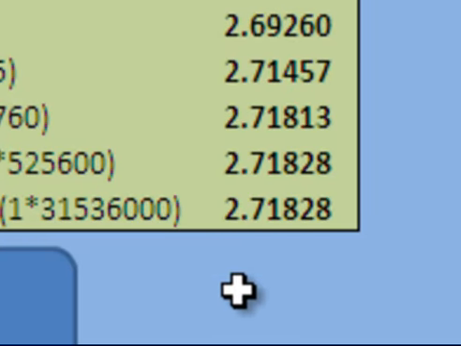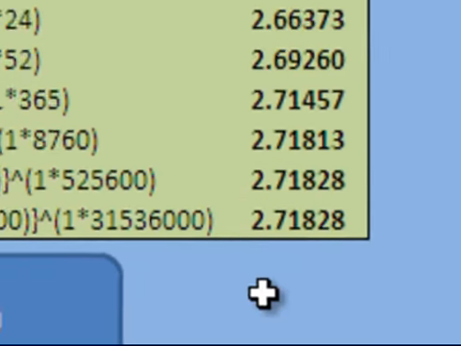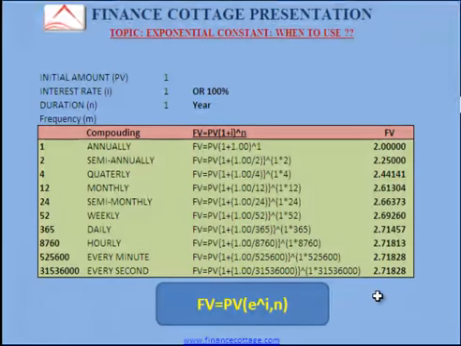constant. Exponential constant actually represents the continuous compounding concept, where the interest is compounded infinite period of times in a year. So to represent the infinity, you can yourself see that as we reaches infinity, the future value of $1 reaches to 2.71828.